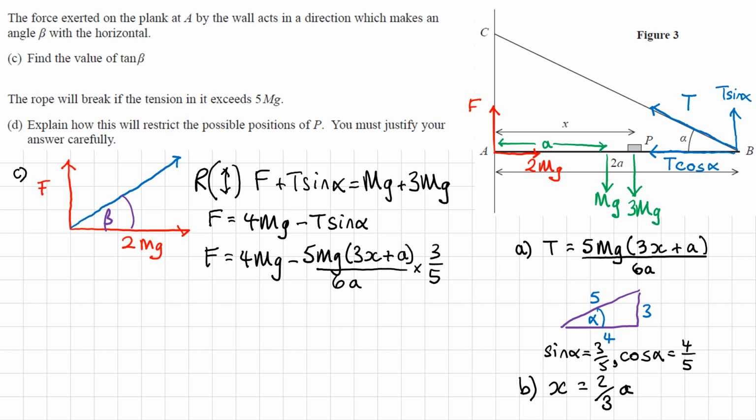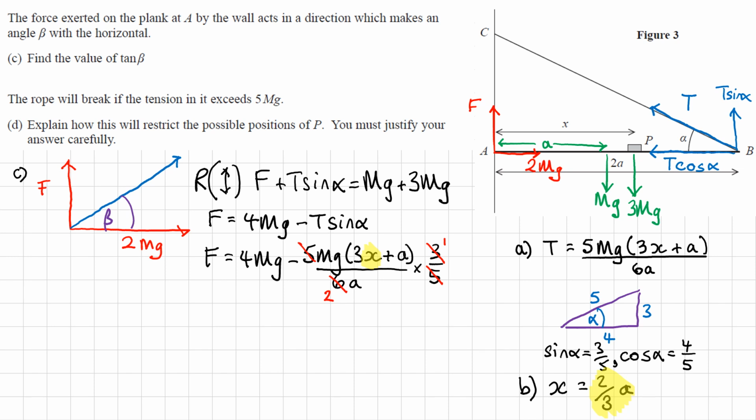So we'll cancel down again, so the 5s are going to go, divide the 6 and the 3 by 3, just leaving a 1 here and 2 here. And then we can also substitute the x here for 2/3 a. That's what we worked out in the previous part. So this x here, I'll put 2/3 a in there.